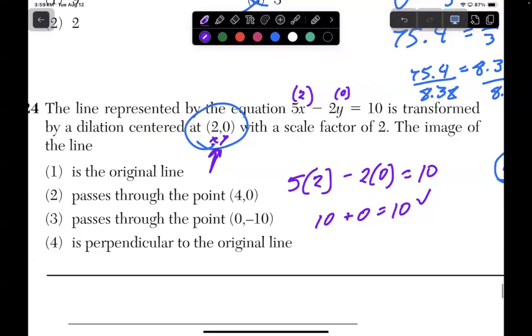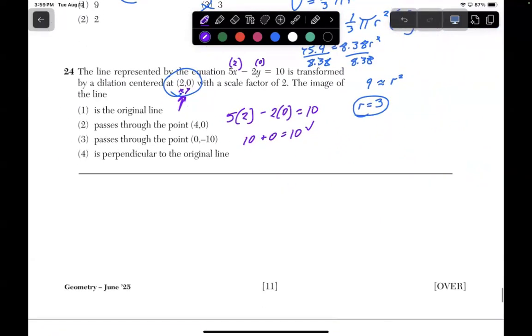So if the center of dilation is actually on the line, I don't know what this equation looks like. The slope is going to be positive, yeah. So say it looks something like this, right? And the center of dilation is somewhere here.